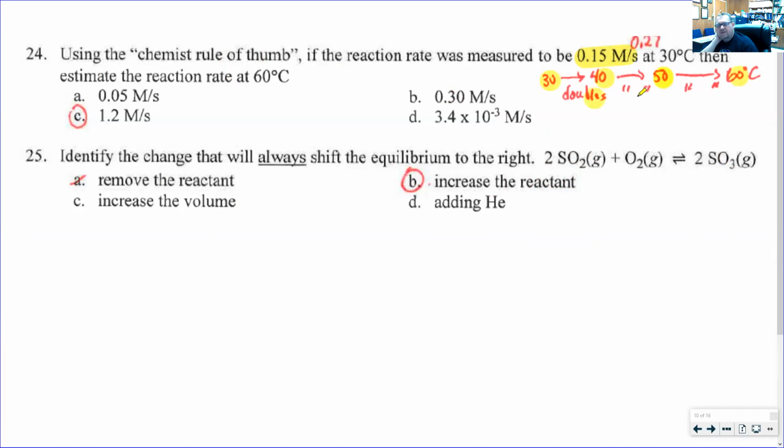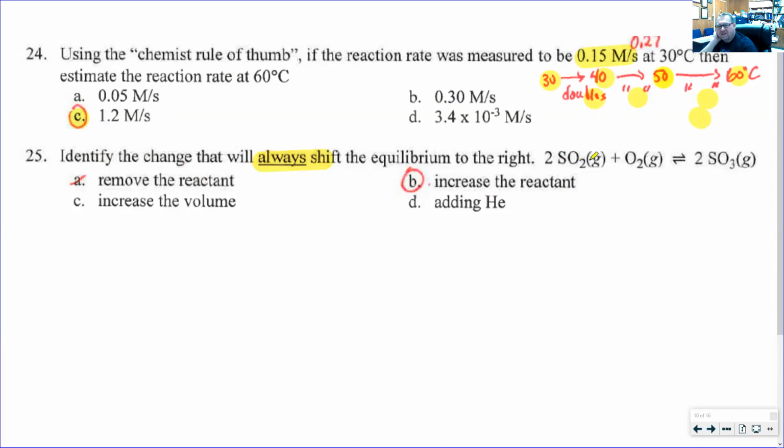So that means I would expect it to be going up, doubling: times 2, times 2, times 2, or times 2 to the 3rd power, and you get 1.2 molar per second.